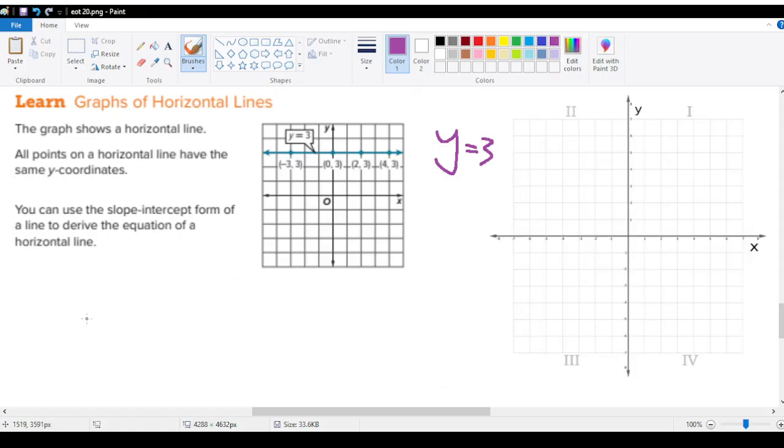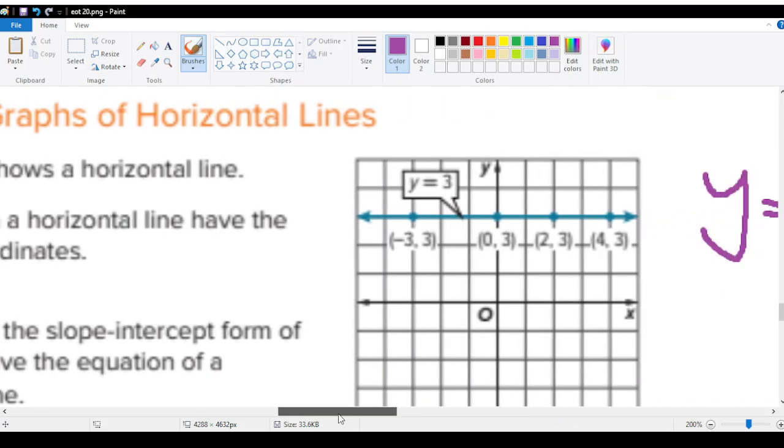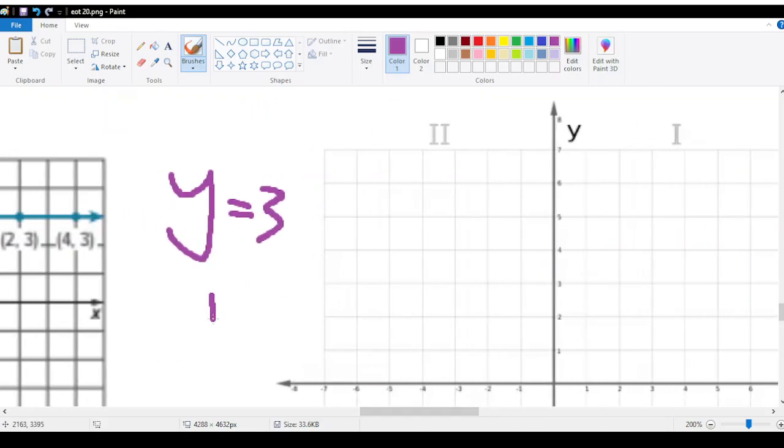The teacher told me that in order to graph, you have to find the m and the y-intercept. So m here is what? 0. And the b is? 3.